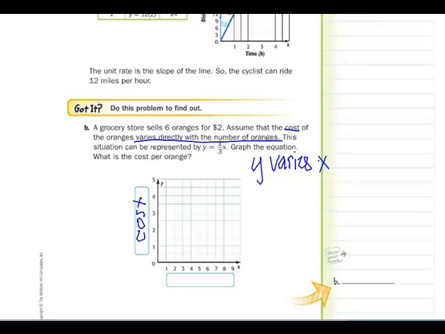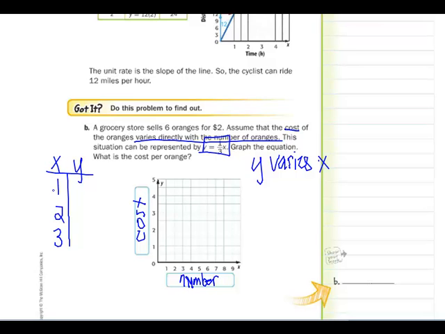So the cost varies directly with the number. This situation can be represented by this equation, y equals 1/3 x. Graph the equation. So the cost varies directly with the numbers. Let's just put in some numbers. You can do 1, 2, and 3 if you like.